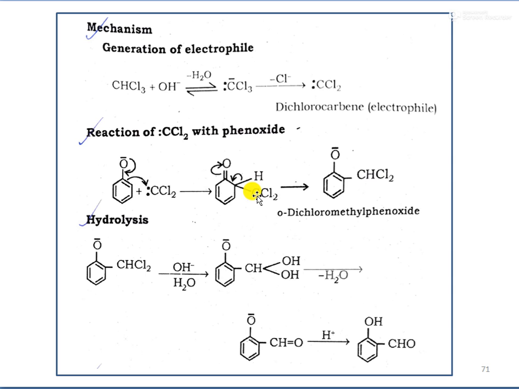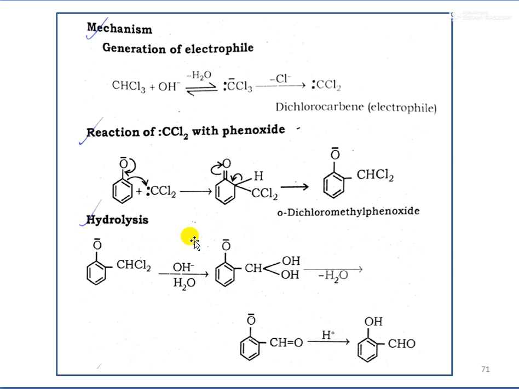So we get a CHCl2 here. This resonance structure is replaced here. So this is the structure, ortho-dichloromethyl phenoxide. Here there is a phenoxide part and there is a dichloromethyl part at the ortho position.